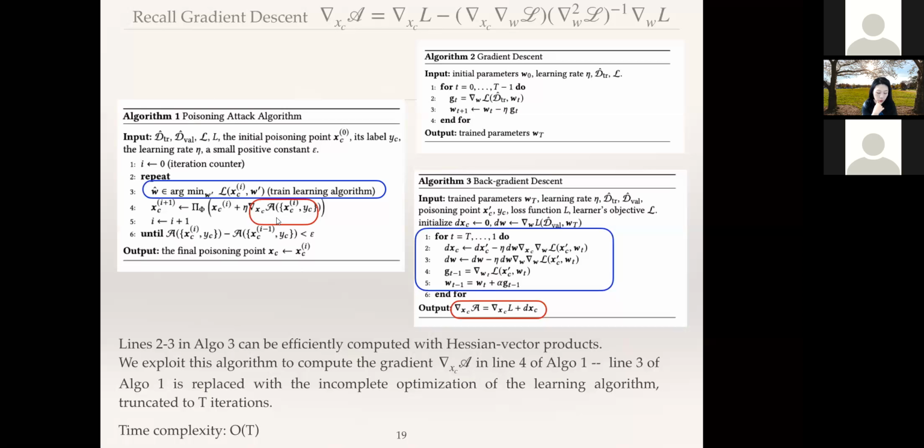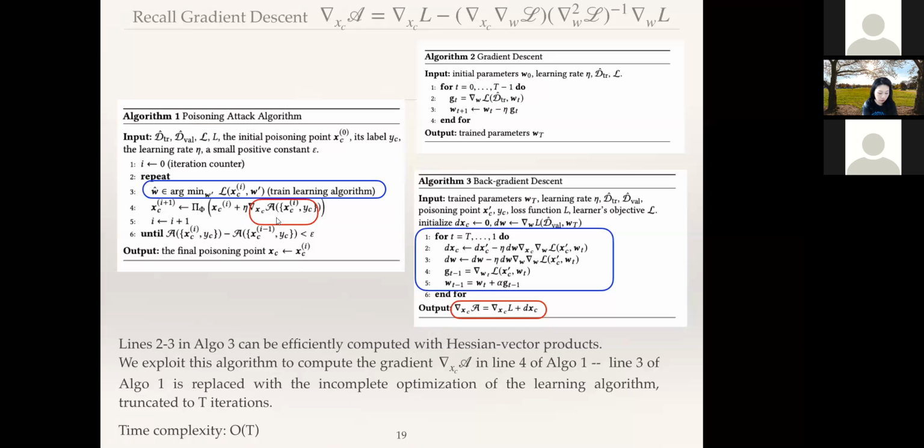We also exploit the algorithm to compute the gradient of the attacker's objective with respect to XC in line 4 of our poisoning attack, which is line 4 of algorithm 1. Line 3 of algorithm 1 is replaced with the incomplete optimization of the learning algorithm, truncated to T iterations.